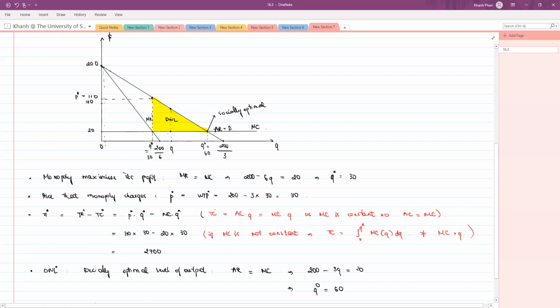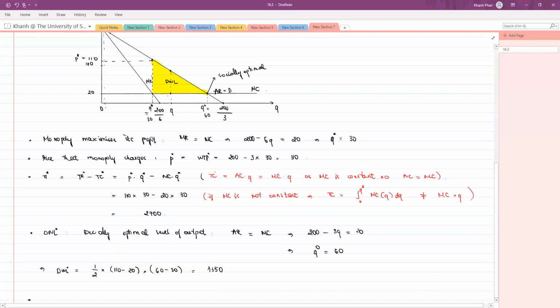Now the firm would not want to produce beyond this point, because the consumer is willing to pay less than whatever it costs the firm to produce, which is going to give the firm a loss. Okay. So therefore, the firm is going to produce up until this socially optimal level of output, because the price the firm can charge the consumer is going to be higher than the cost that the firm will have to incur up until this point.